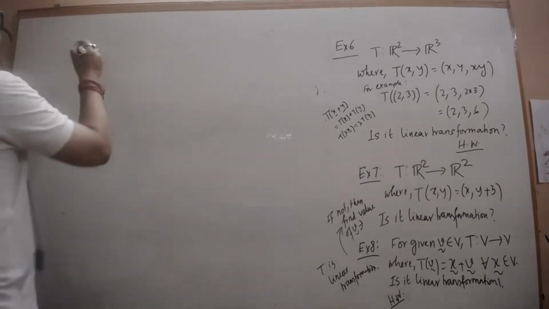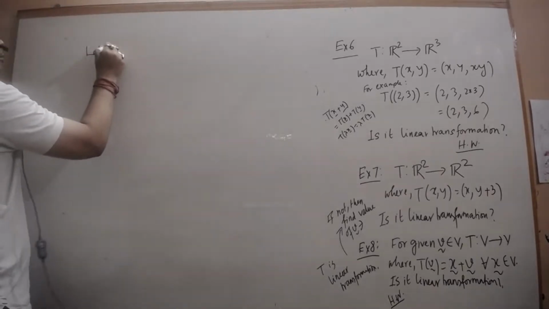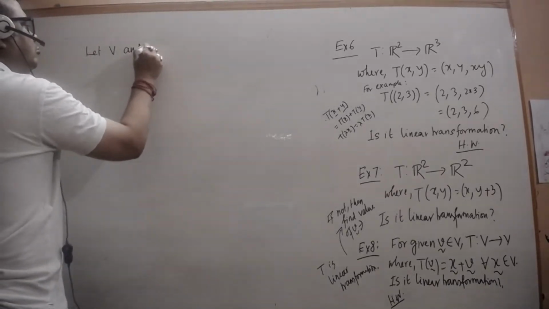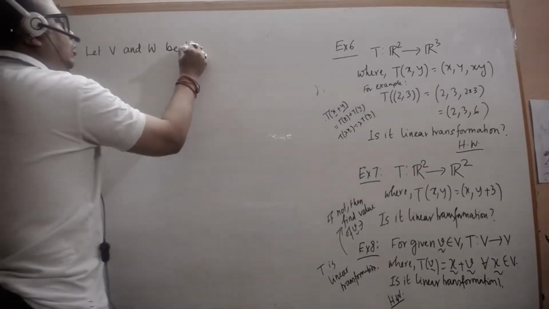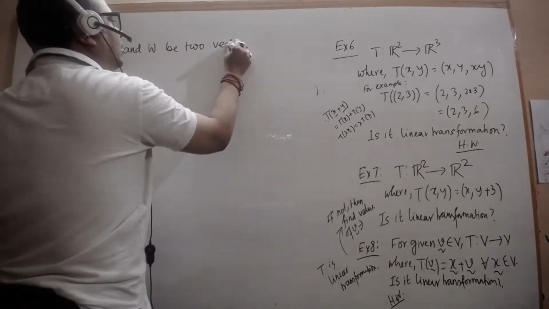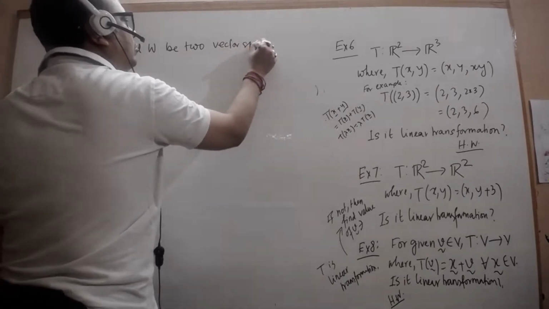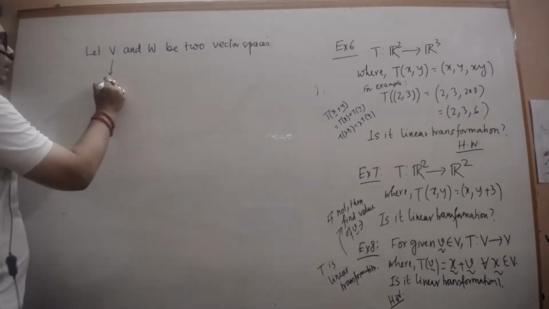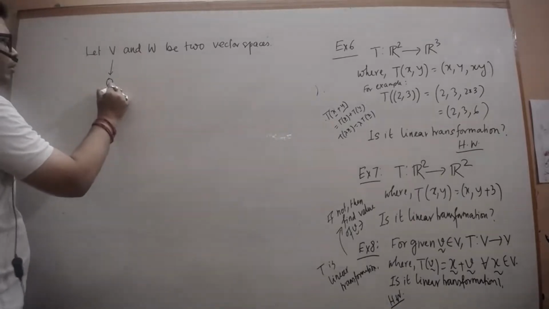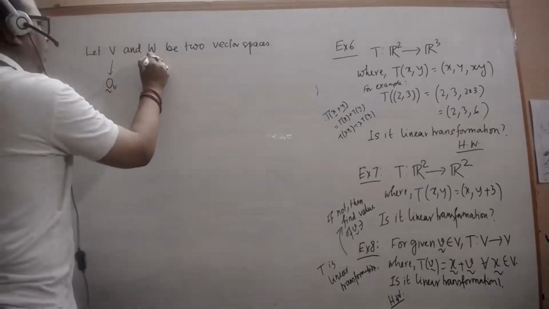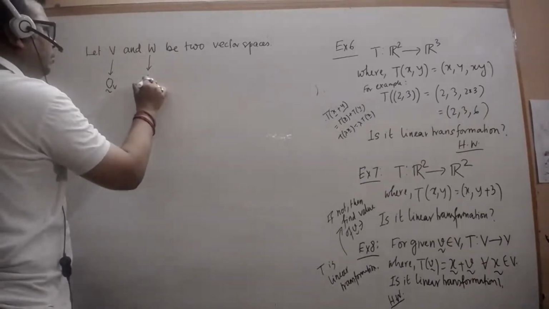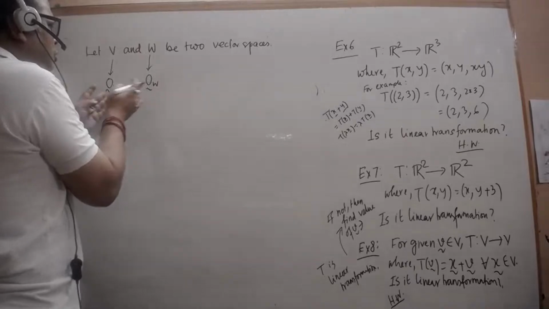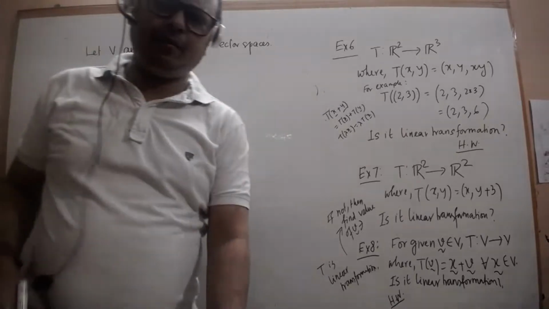Let V and W be two vector spaces. So I denote the null vector of V by O_V and the null vector of W by O_W. These two are not the same.